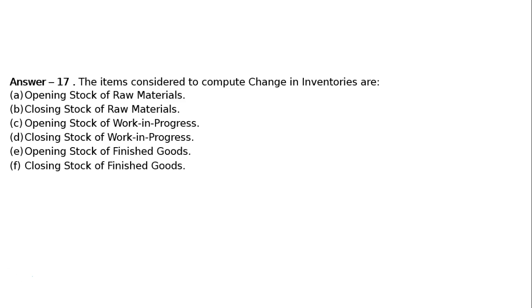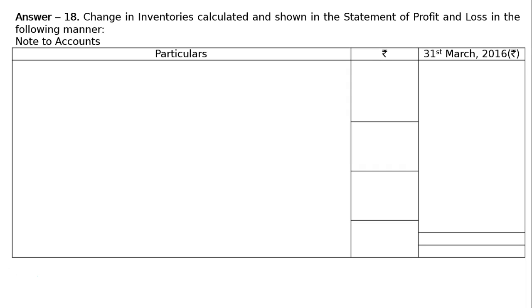18. How is the change in inventories calculated and shown in the statement of profit and loss? Change in inventories is calculated and shown in the following manner. It is done in notes to accounts with the particulars, rupee symbol and the date.